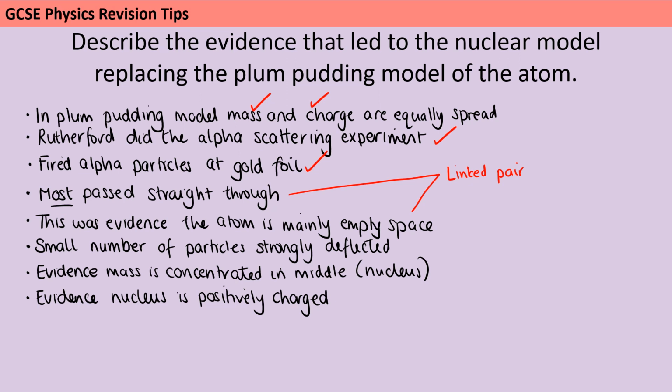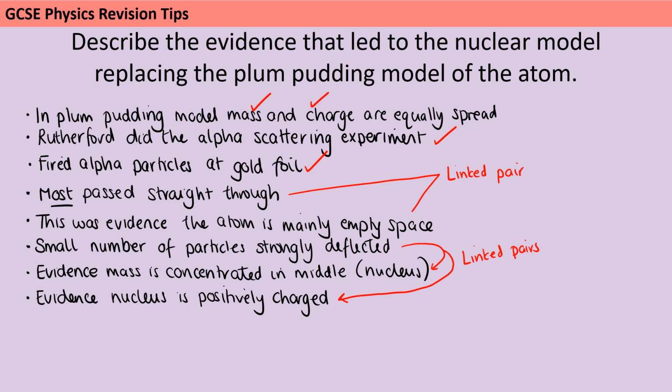Then the small number of particles being strongly deflected, there's kind of 2 linked pairs here. So you could link that together with the mass being concentrated. You could also link it together with the nucleus being positively charged. In order to get 6 marks, you're going to need to have either named the alpha scattering experiment or described what it is, and you're going to have needed to have included 2 linked pairs.